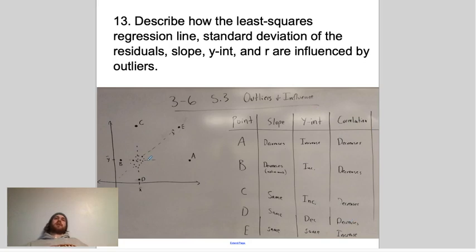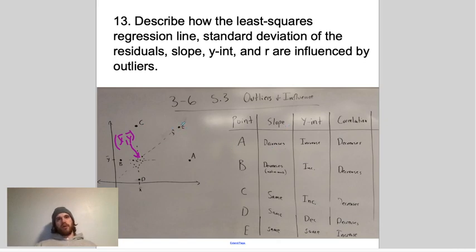So let's go over this. You can follow this chart and basically say everything I'm going to say. Remember, the further away you get from x bar, y bar, the more weight that point has on affecting things in your graph.